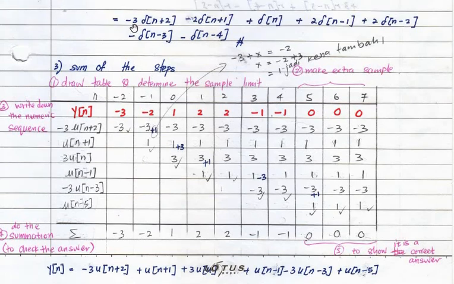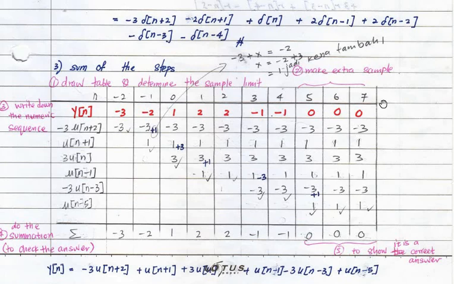As you notice here, n is starting from negative 2 up to positive 4, so you need to add extra columns. Up to 4, you add 5, 6, 7. Three extra columns would be enough.